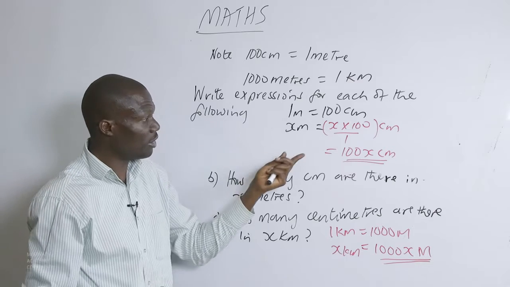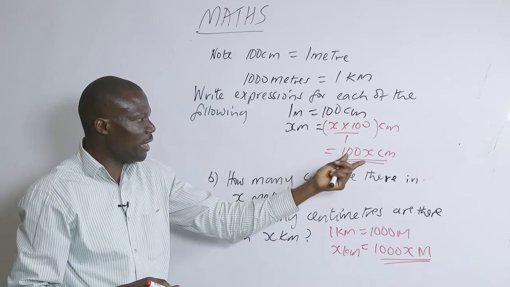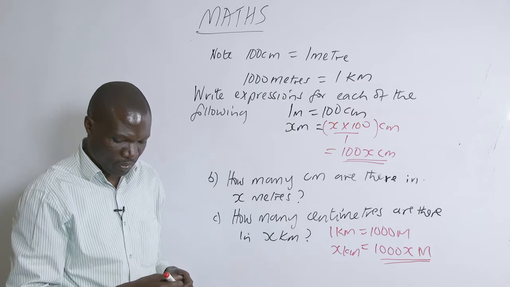So we have our expression that 100X centimeters is equivalent to X meters.